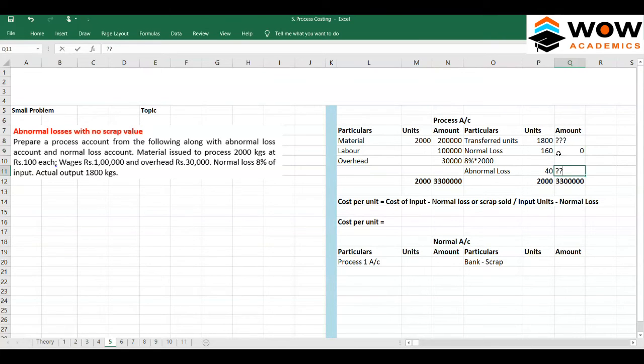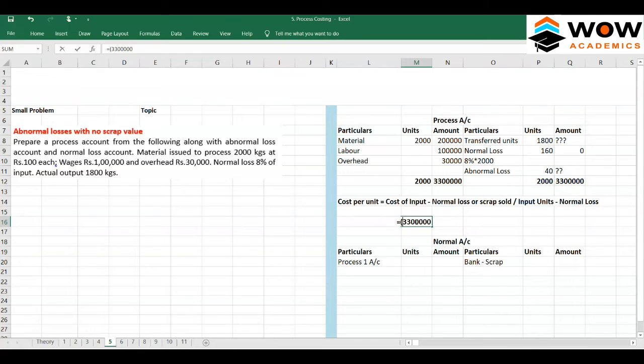In previous problems, what we did is, when normal loss is 0, the total amount here would directly go to here. But we can't do that in this problem, because this 3,30,000 has to be split between the abnormal loss and transferred units. Okay, to both it has to be split. So to split, we have to find out the cost per unit. So now only cost per unit is useful for us to find. So we'll start.